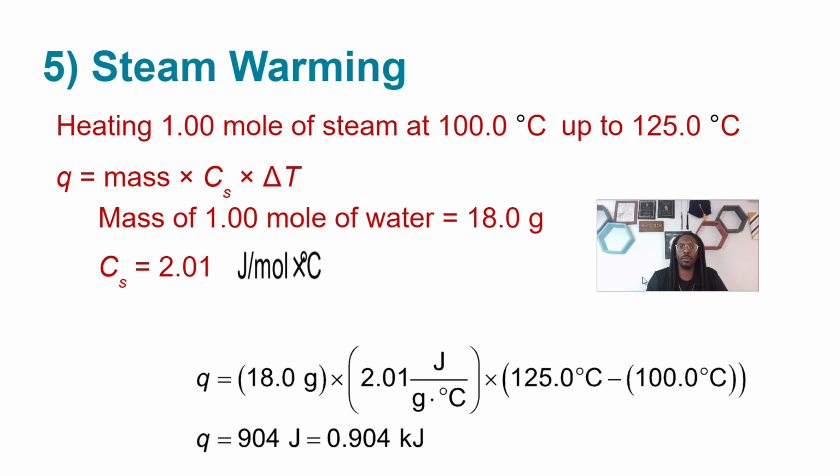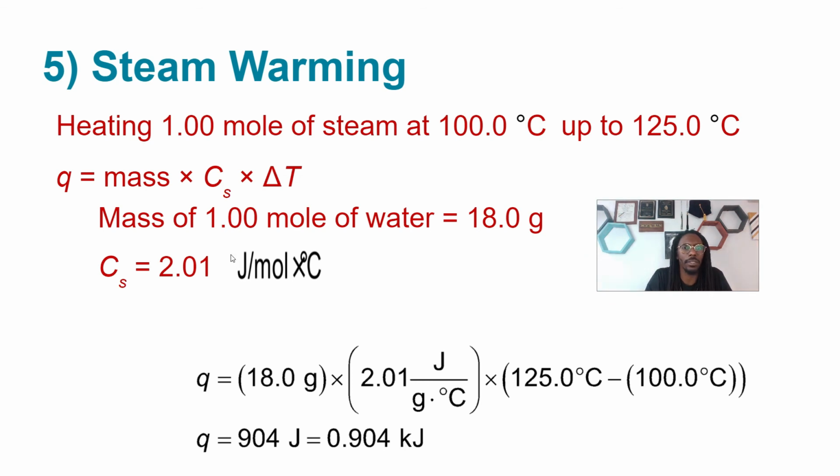And then the last step with this thing that was warming. Okay, so this is that point step that I mentioned before. Okay, so notice we got a different specific heat right here. So still 1 mole. That's still going to be the same. And now it's steamed up from 100 to 125. Okay.